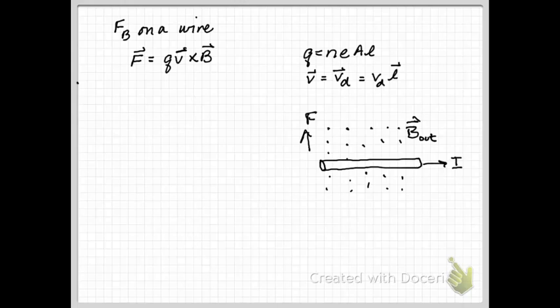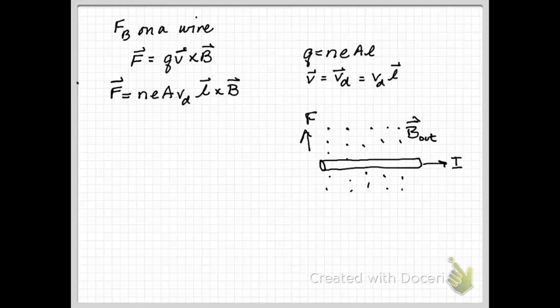And you can find that by the magnitude of the drift velocity and then some little vector in the L direction. And so we can rewrite this equation as NEA times the drift velocity, and then do a cross product between the length of the wire and the field.